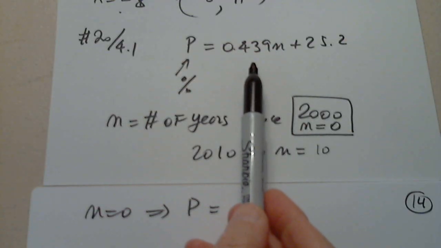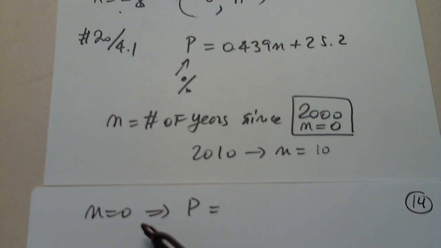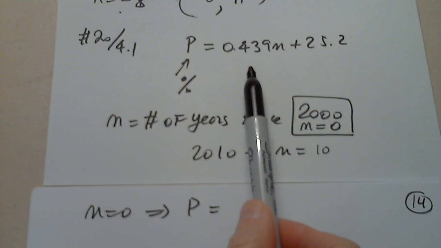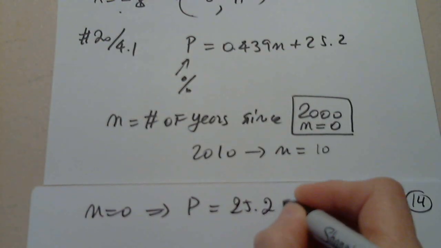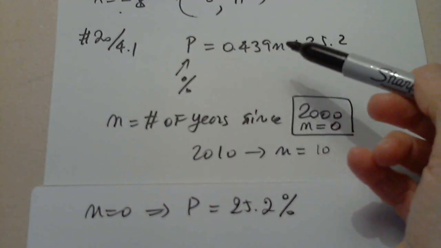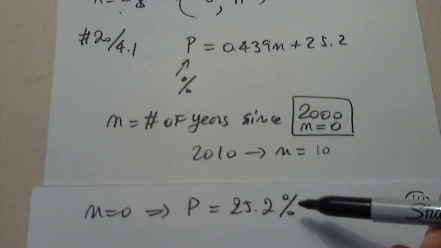We have the formula. We're asked to determine P when N is 0. It'll be 0.439 times 0 plus 25.2 equals how much? 25.2, 25.2%. 0.439 times 0 is 0. 0 plus 25.2 is 25.2.